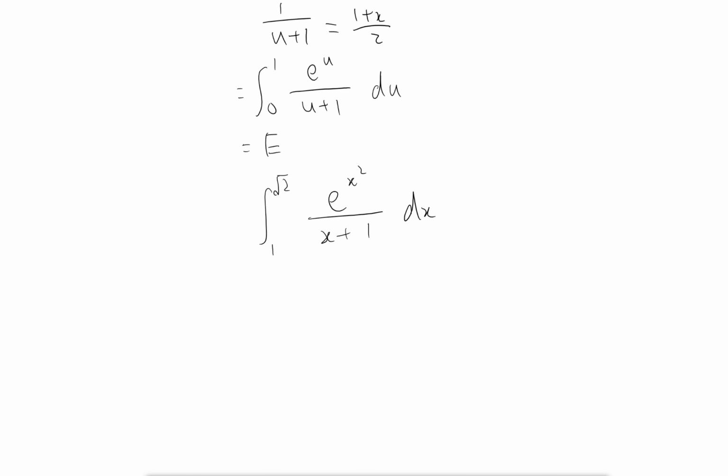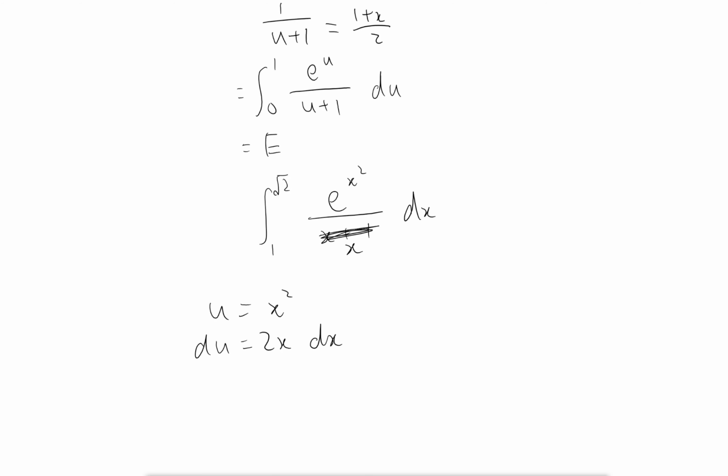Then du equals 2x dx, as we just discussed.